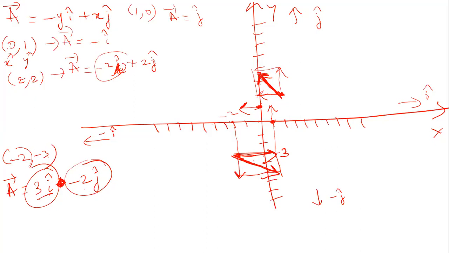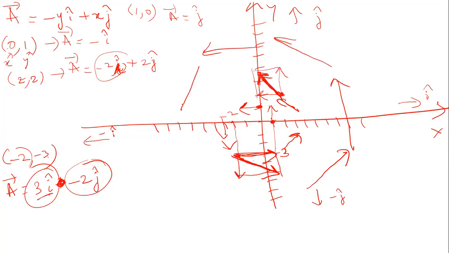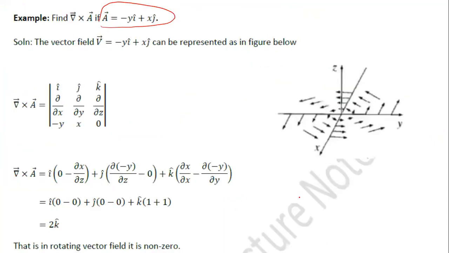So if you consider all the points here, what you are going to finally have is, closer to the origin, small vectors, something like this, small vectors rotating, but away from the origin, you will have larger vectors, something like this. Okay. If you construct all the vectors represented by the vector field, this is what you're going to get.